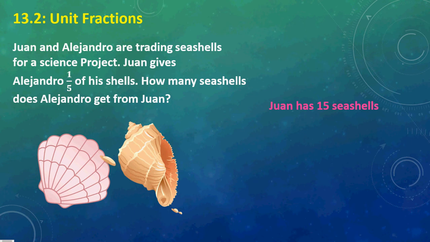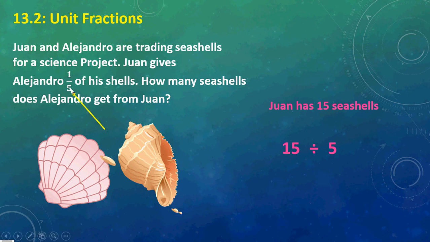How are we going to find this? Really easy. So pay attention, okay? First, we're going to put this 15. Then we're going to divide by 5. Why by 5? This 5.